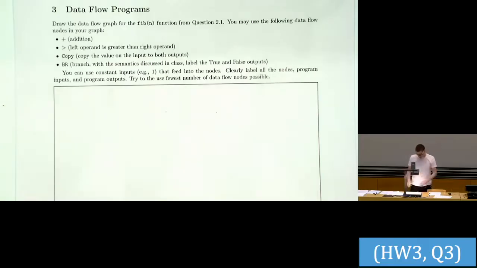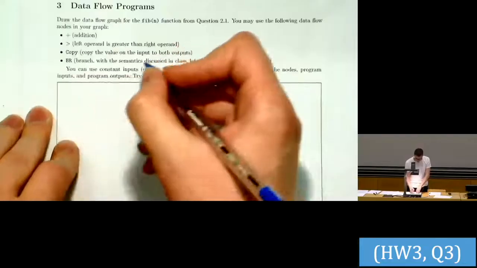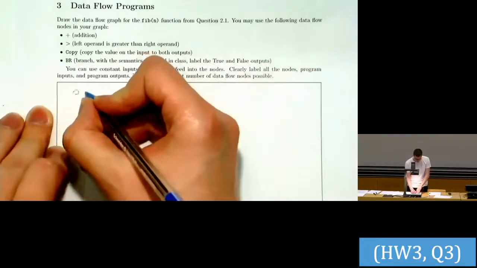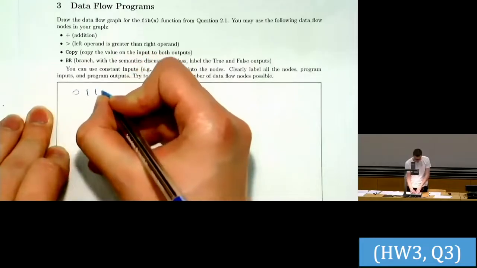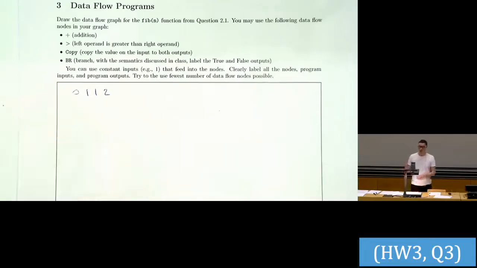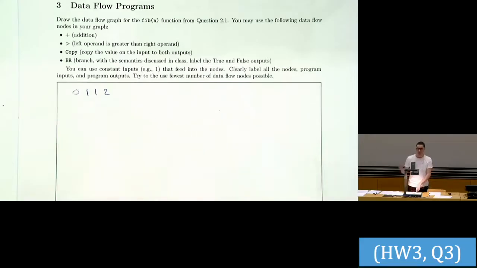Just a quick reminder about Fibonacci. It is a series of numbers which goes like 0, 1, 1, and then 2. Basically, except for F0 and F1, each number is the sum of the previous 2 numbers.